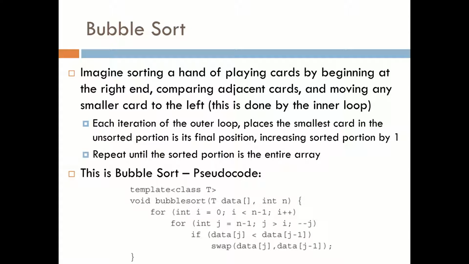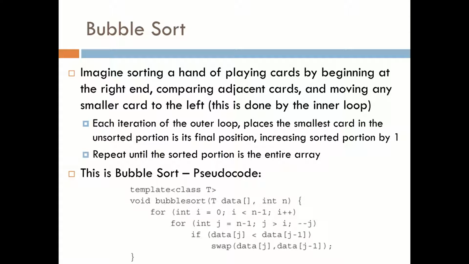And i again represents the sorted portion, so that as we add elements, initially i is set to 0. When that first outer loop iteration terminates, then the correct card is in element 0. And then we bump up i to 1 and we try to position that next card.